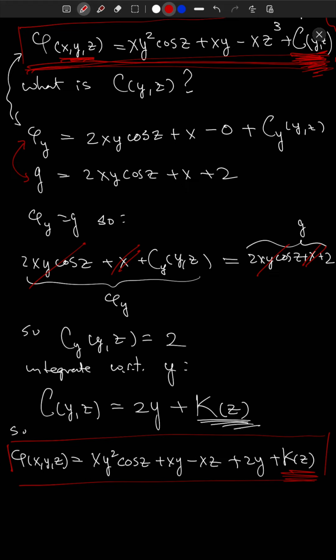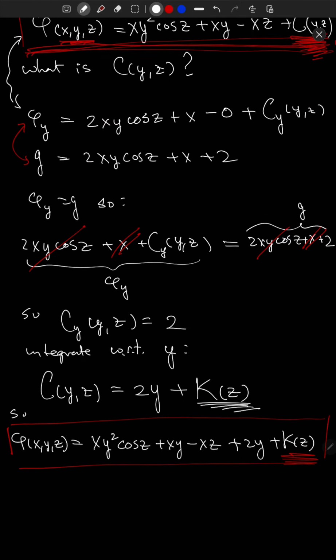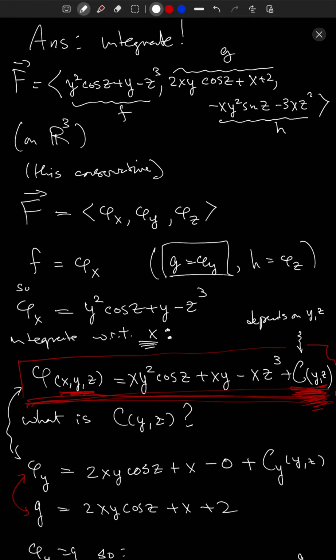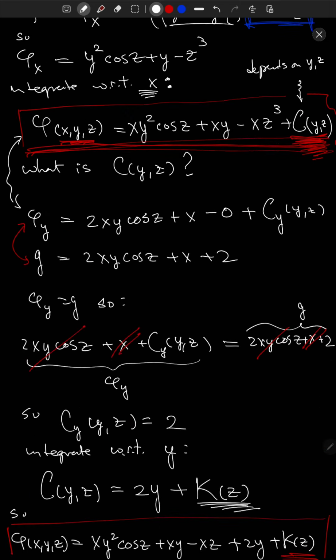Okay, and now you can kind of guess what's going to happen next. We're going to use the last equation, which was over here, h equals phi sub z. We have the formula for h right there. And so we're just going to put that together in the same way we did the previous step.